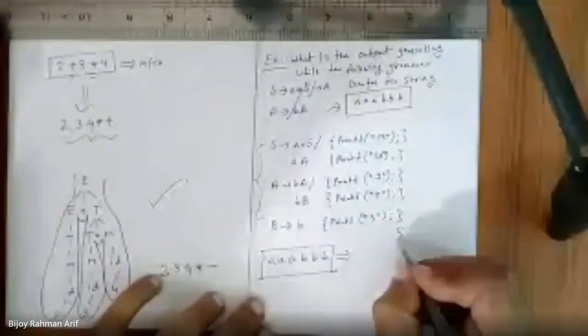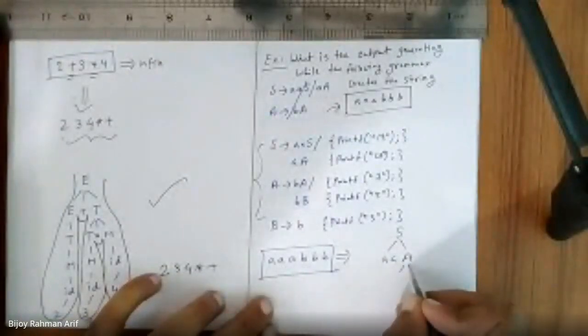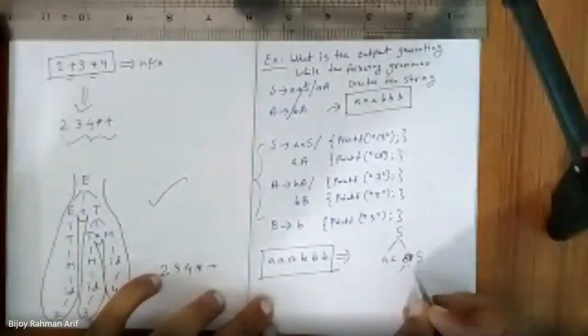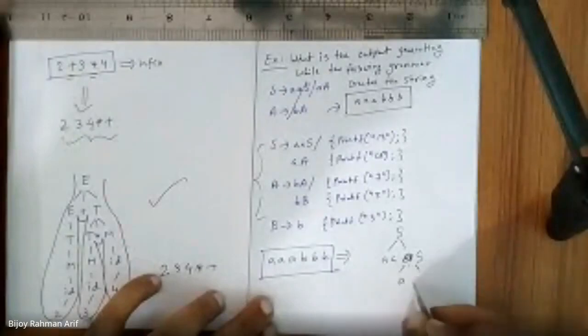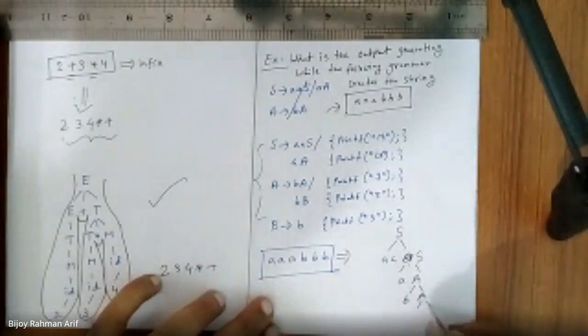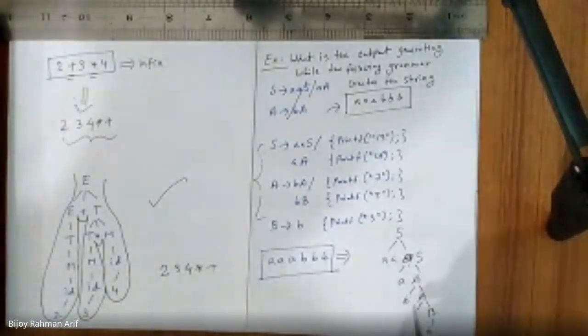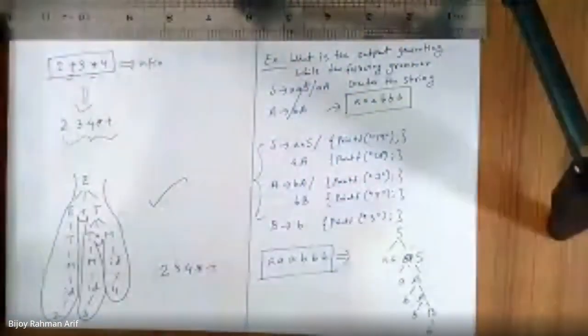S derives A capital A derives, S derives then capital A, then this A derives BA, this A derives BB, finally this B derives B. So I generate A, B, B, B. Triple A, triple B.